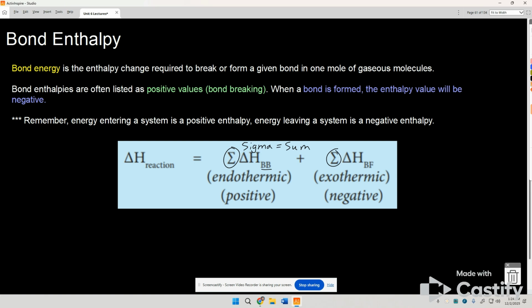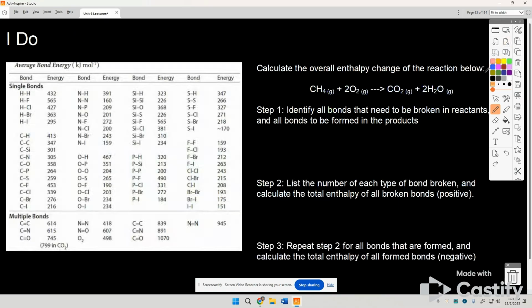Because all of the bonds formed have a negative enthalpy value, you're going to be taking all the bonds being broken minus all of the bonds being formed. If that comes out to a negative number, right, it's exothermic for the whole reaction. If it's a positive number, we get endothermic for the whole reaction.